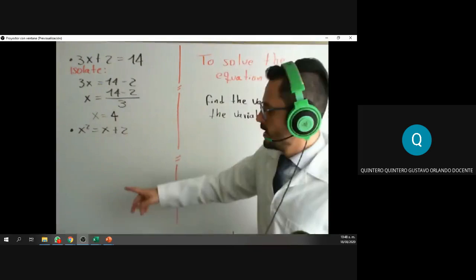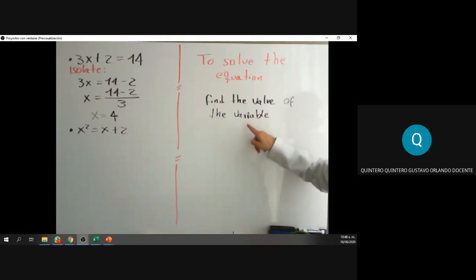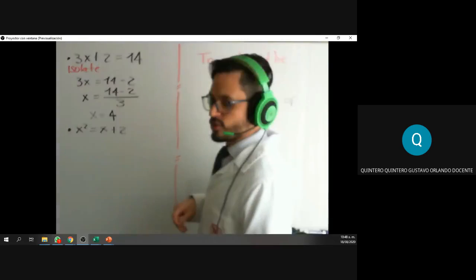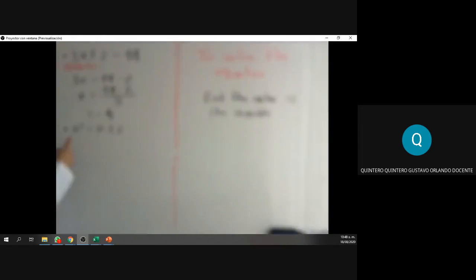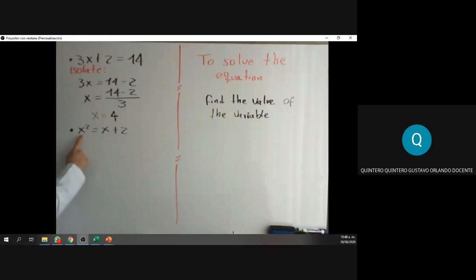Again, to solve the equation means we need to find the value of the variable. So without doing any process, we can start thinking about what number do I put in here so that when elevated to the second power, gives me the same as if I just added 2. Again, we can just guess values. So we can say, how about x equals 3, for example?